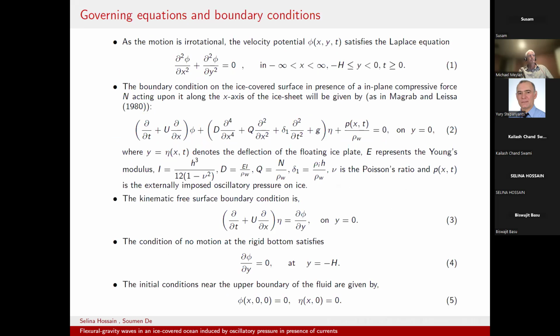Governing equations and boundary conditions. As the motion is irrotational, the velocity potential phi satisfies the Laplace equation as given in equation 1.